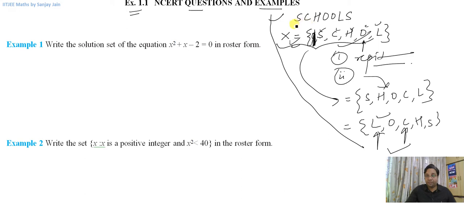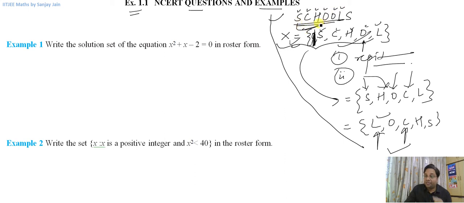Also, in this particular example, I used capital letters to write the elements. You noticed? Why did I do that? In general, we do not use capital letters to write the elements, but it is not a rule that you can never use them, because I was given the elements in the form of capital letters.